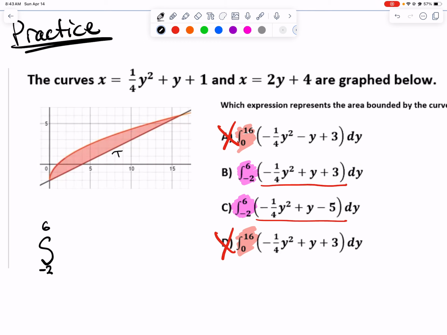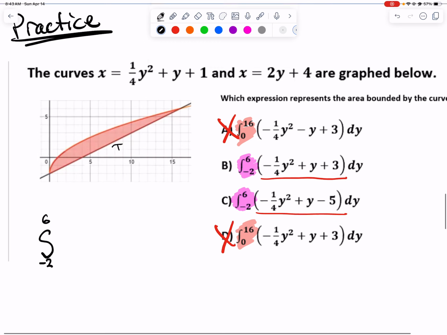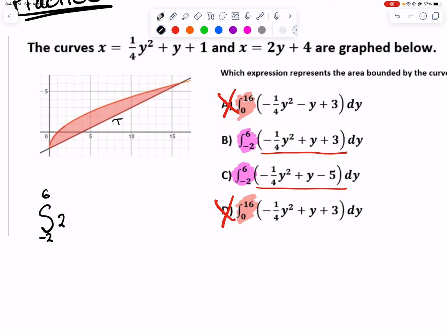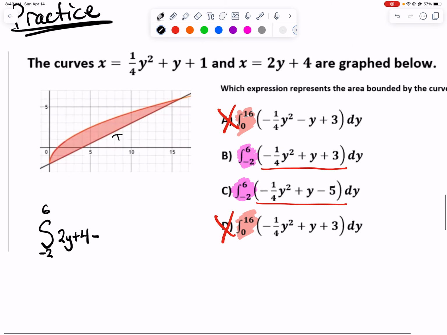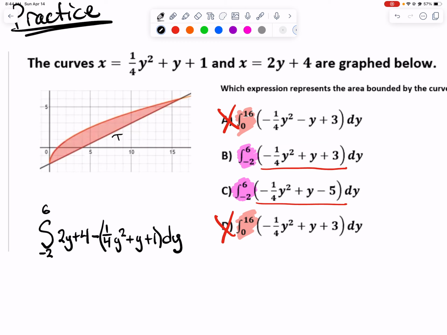Do I have a linear line in my curves? And the answer is yes. My linear line is 2y plus 4. Next, I'm going to subtract the left function, which is my quadratic. It's minus the quantity 1/4 y squared plus y plus 1, dy.